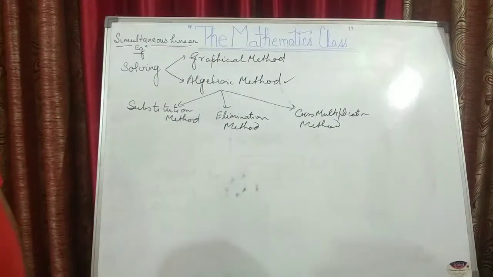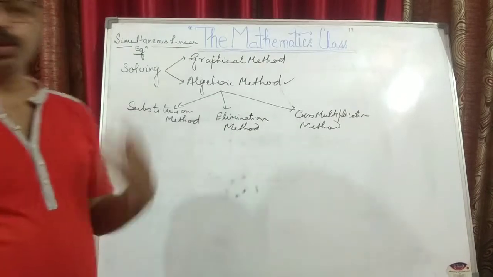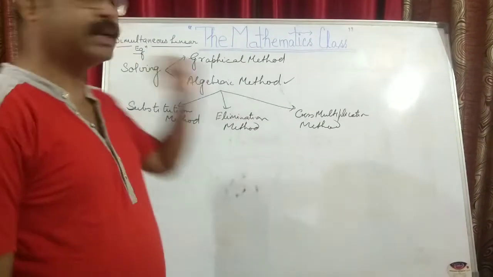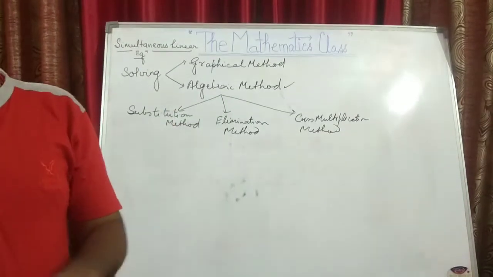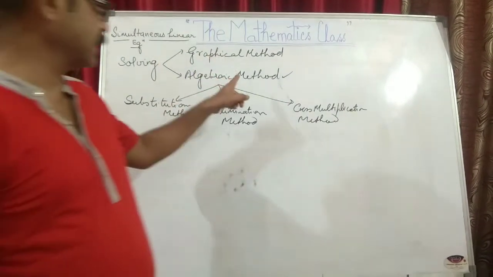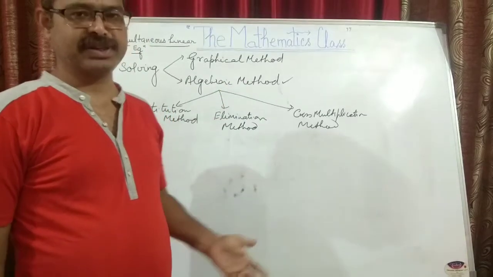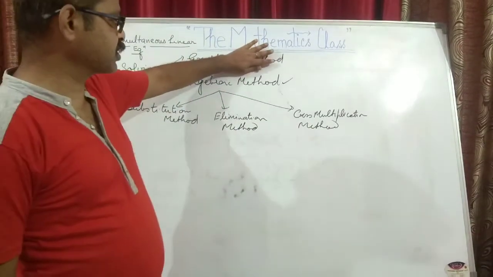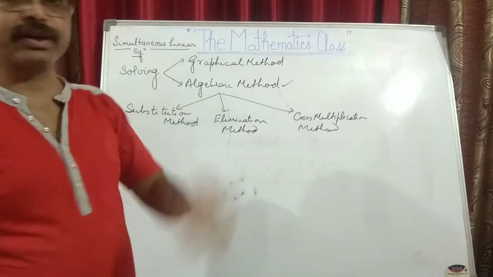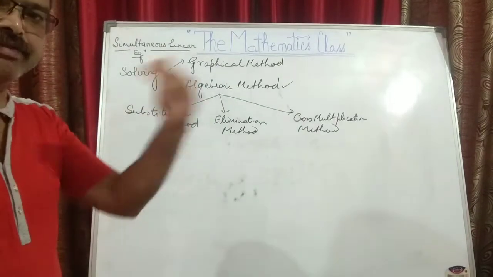So we will be studying how to solve simultaneous linear equations. In this there are two methods. First is algebraic method, second is graphical method. The graphical method we will not discuss now, we will be discussing the algebraic method. Now the algebraic method has three different methods.